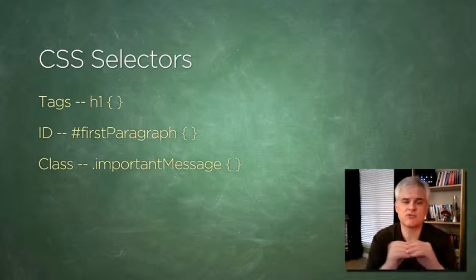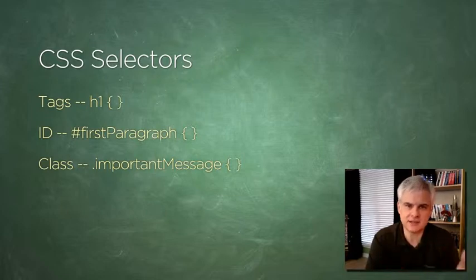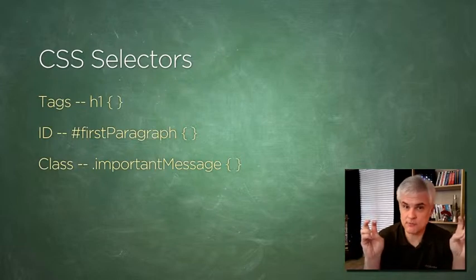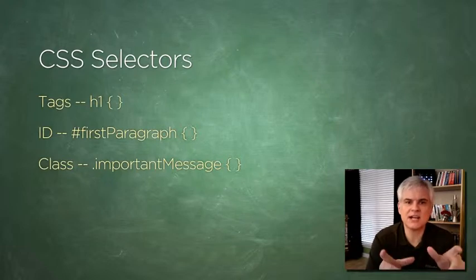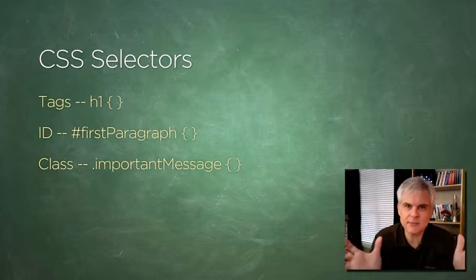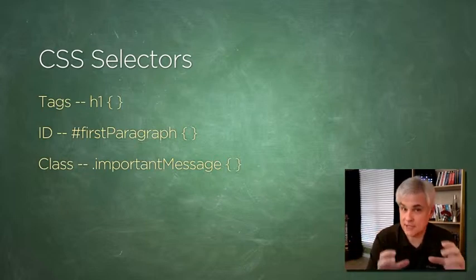It also gives us a tremendous amount of flexibility. Take the class, for instance. A class, let's say important message, could be used across many different tags, not just a paragraph or the H1. So we can apply a style to many different tags regardless of which type of element it is, as long as they share the same class in common.